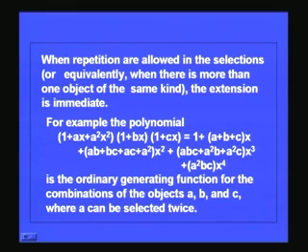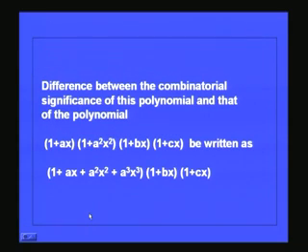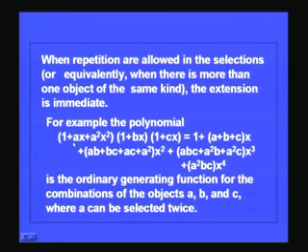You must note the difference between this and the polynomial 1 plus Ax into 1 plus A squared x. We have considered 1 plus Ax plus A squared x squared for the selection of A. It is not the same as 1 plus Ax into 1 plus A squared x into 1 plus Bx into 1 plus Cx, because in this case the expression will become like this.